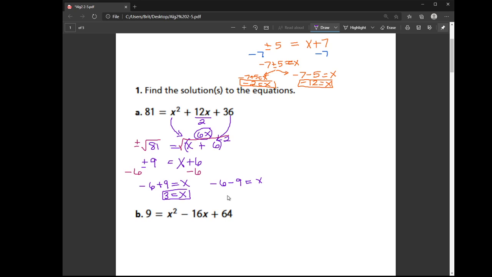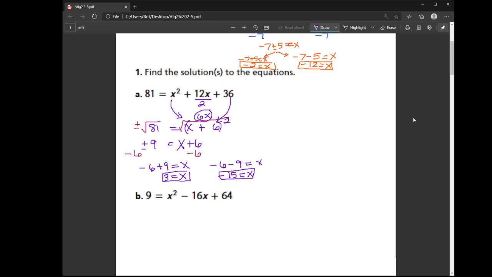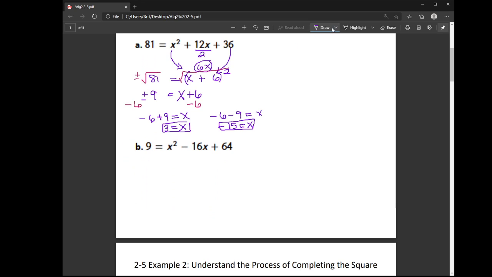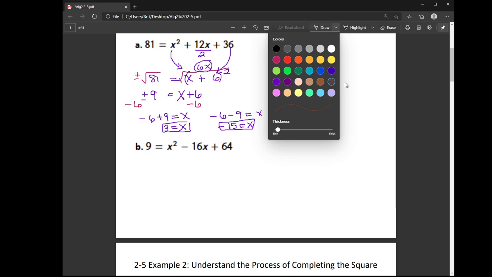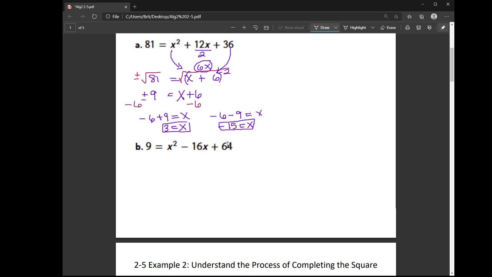And this right-hand equation gives me a negative 15. And remember, if I wanted to check my work, I can plug these back into the original equation and see if it works. Alright, so it's always good practice to check yourself before you wreck yourself, if you know what I'm saying.